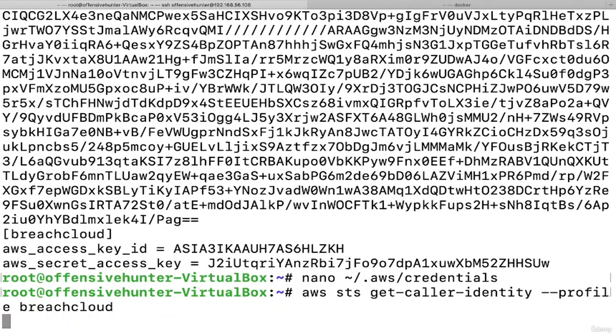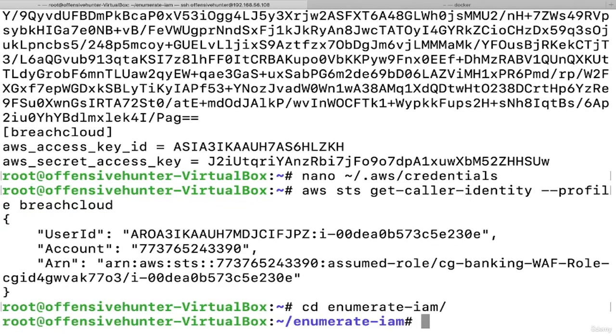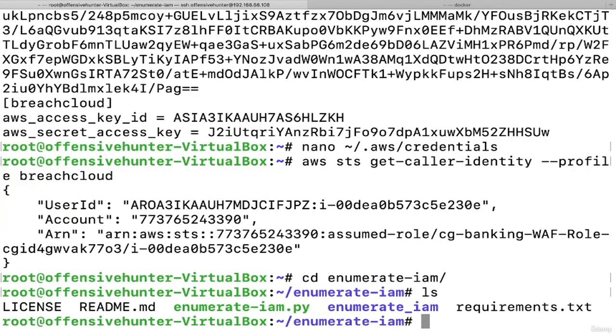Okay, just enter. It shows whether it's configured properly, and the assumed role CG banking. So the role is this one. Perfectly all right. Now I will use enumerate-iam to quickly verify the role permissions. cd enumerate-iam, ls, and so this I have to give ./enumerate.